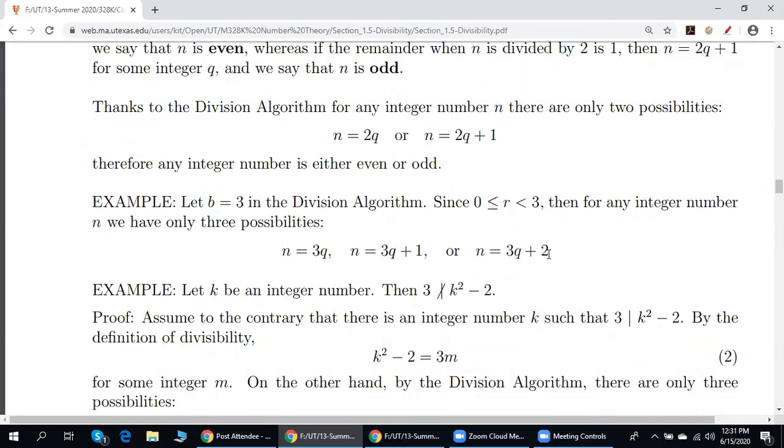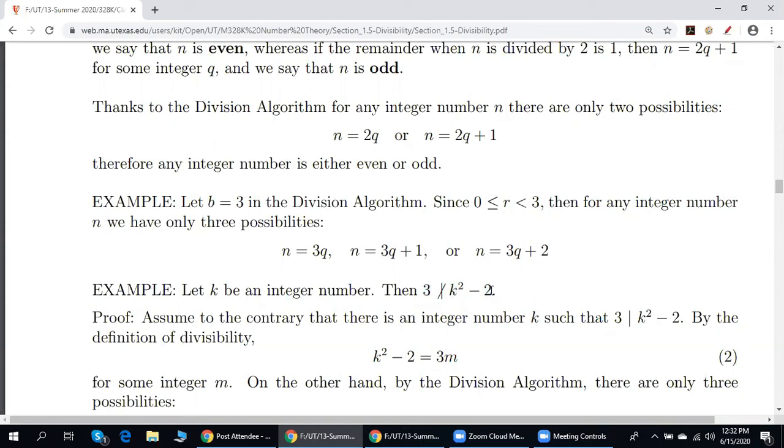I'm not sure how we go from that to where we assume to the contrary that there's an integer k such that k squared minus 2 is divisible by 3. I'm not sure how we made the jump. No. We want to prove that 3 does not divide k squared minus 2. Right. Assume to the contrary that k squared minus 2 is divisible by 3 for some integer k.